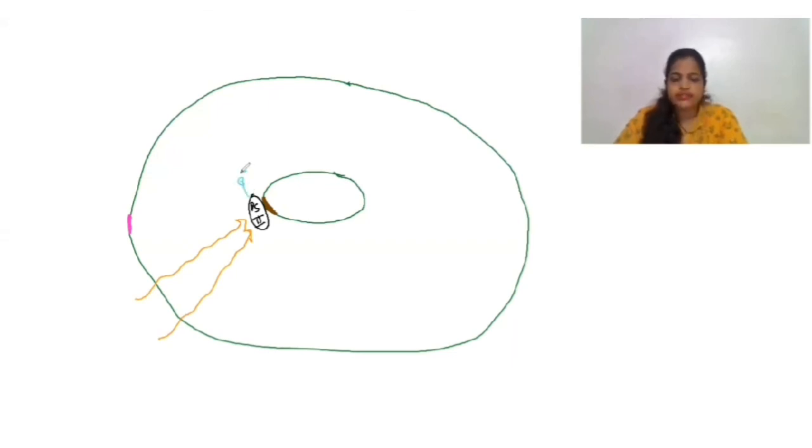Now, it is going to give its electrons to a compound known as pheophytin. To whom is it going to give? It is going to give the electrons to pheophytin. Clear? Now, this pheophytin will give the electrons further to the next electron carrier, that is plastoquinone.